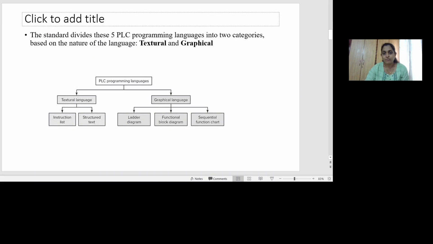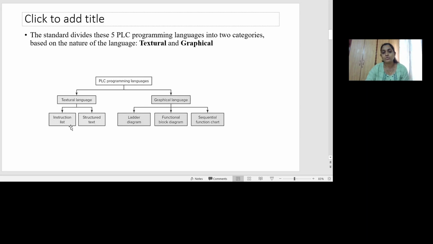These five languages are divided into two categories. As shown on the screen, the first category is the textual language based languages, and the second one is the graphical language based languages. Under textual languages, we have instruction list and structured text.